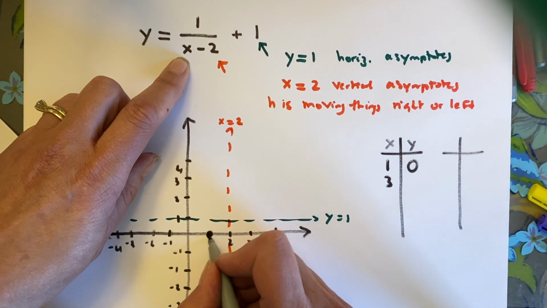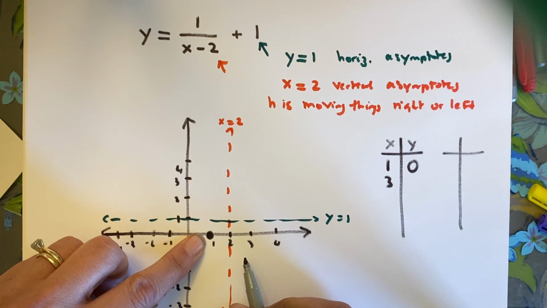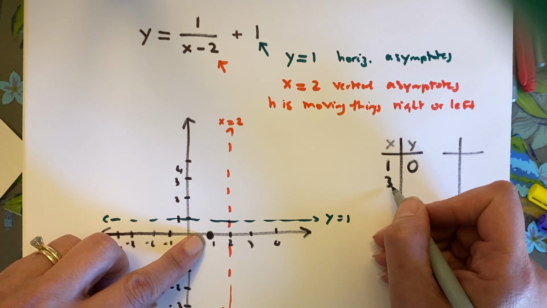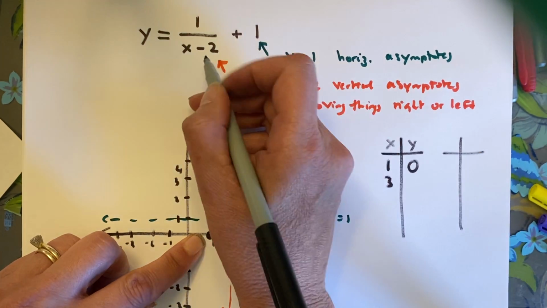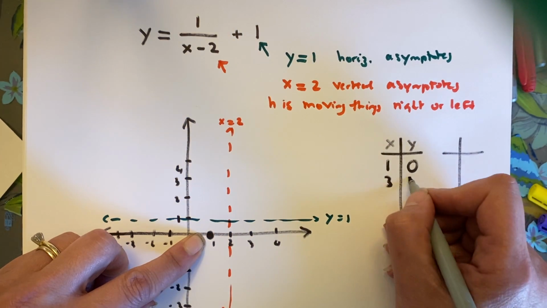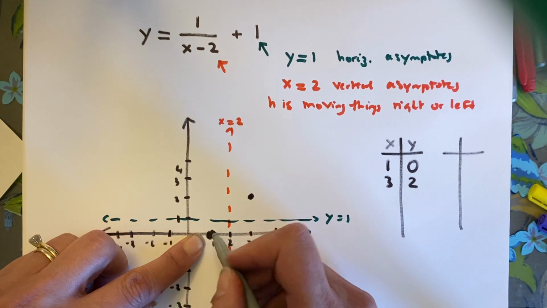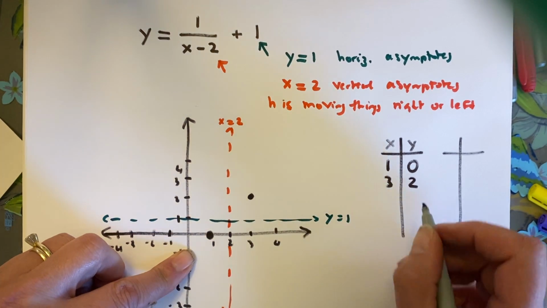So I guess I started on my left branch. And if I put in x equals 3, 3 minus 2 is 1, 1 plus 1 is 2. So 3, 2, I'm starting the opposite side. So I didn't mean to do this, but I'm getting my reflection.